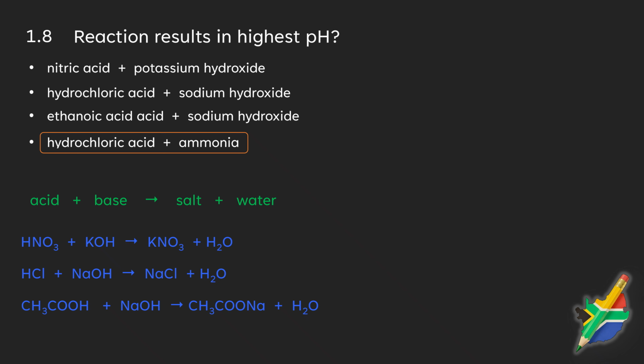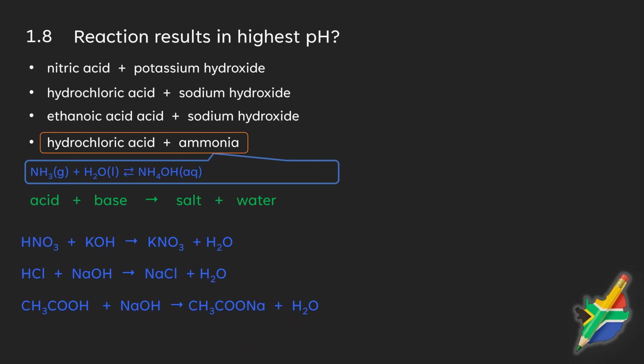But the last reaction is slightly different. Ammonia is a gas, and when it comes into contact with the water in the hydrochloric acid solution, the ammonia reacts with the water to form ammonium hydroxide, which is a weak base. Weak bases dissociate partially into their ions, and in this case ammonium ions and hydroxide ions.